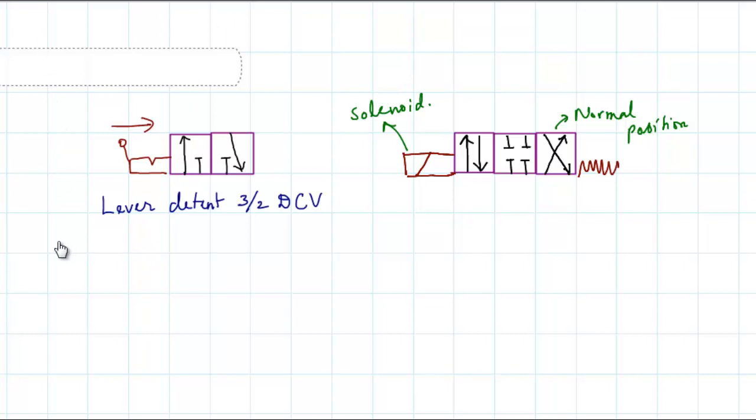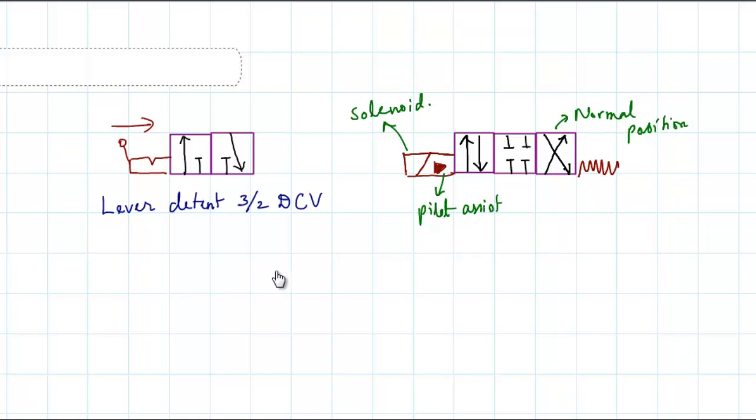In such a case, we draw it with an arrow mark, and we darken that arrow mark to tell that this is pilot assisted.